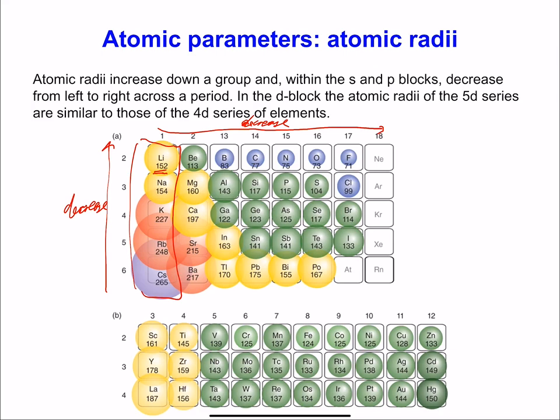The same trend goes to other groups. If we look at the D block, you can see scandium has 161, titanium has 145, and all the way goes to here. So the trend is not apparent, but still we can see a major trend is still decrease.